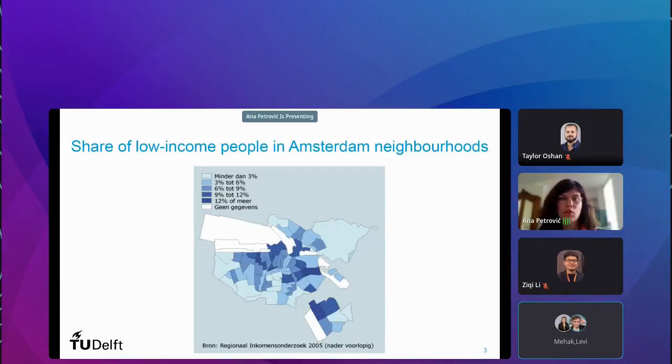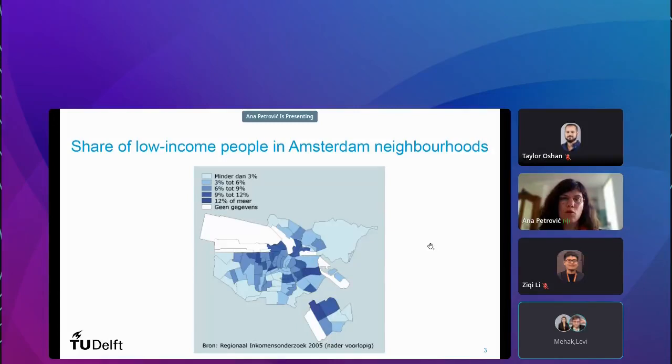The problem that has already been identified with this, and that we also address in our research, is that we don't know what is going on in smaller areas and also in larger areas, and also these neighborhoods change their boundaries over time, and that also makes it difficult to compare different cities in the same country or in different countries.